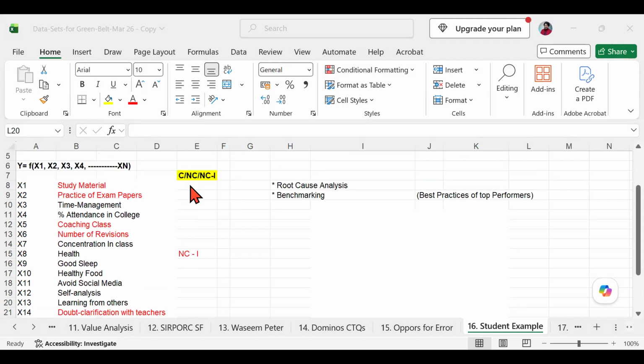So like that, we have selected 5 critical to process, which will have major impact on the Y. The Y is to get 85% marks. So he has now found the CTPs. By improving the CTPs, he can achieve the CTQs.